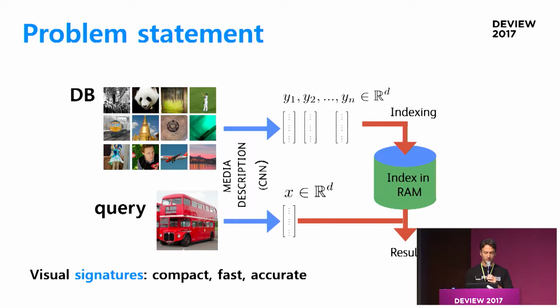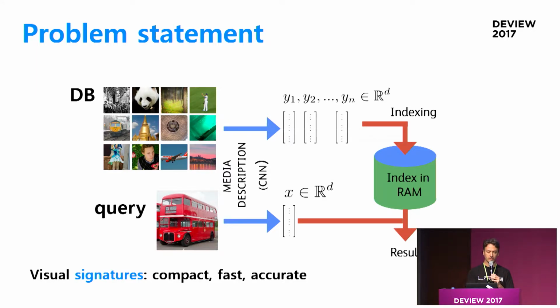So here is a bit of a more detailed view. We're provided with a database, in this case of images. Typically during an offline stage, we compute a set of descriptors for these images, which we subsequently store in a database.